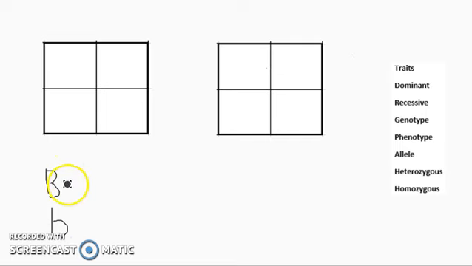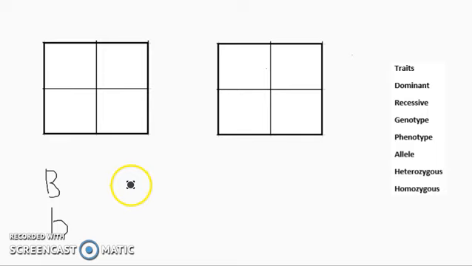So each of these individual letters is an allele. Okay? The letters together make up a genotype. So each of the people in our family, my sister and I, my mom and dad, each have a particular genotype. Those genotypes are just pairs of letters, so we each have some combination.